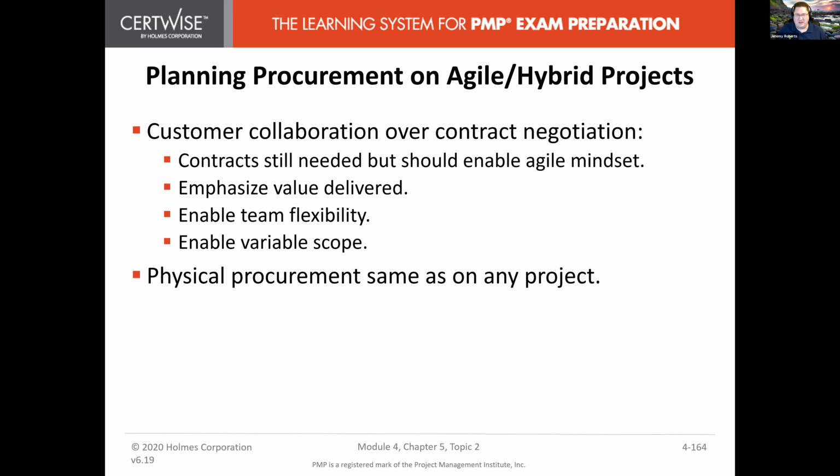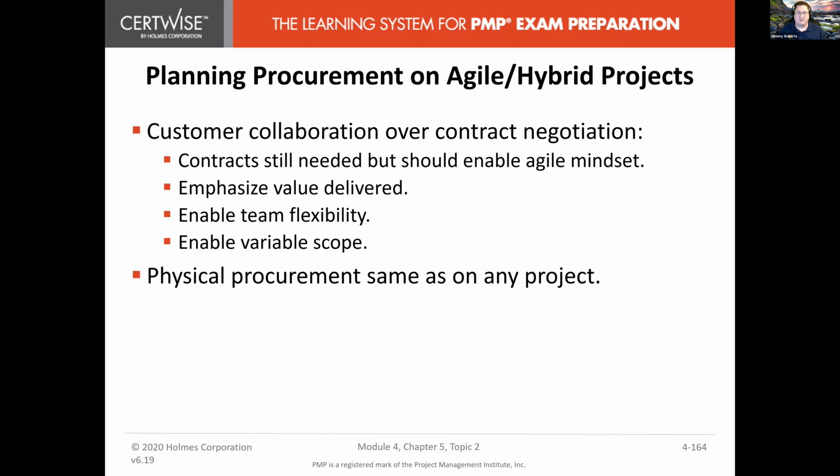And depending on your company, if you have a legal department, they don't like having those open-ended things. So it might be difficult for their legal departments to wrap their head around it. However, you need to have that wiggle room within the contract. So it should emphasize the value that's being delivered and enable you to be flexible with your team.